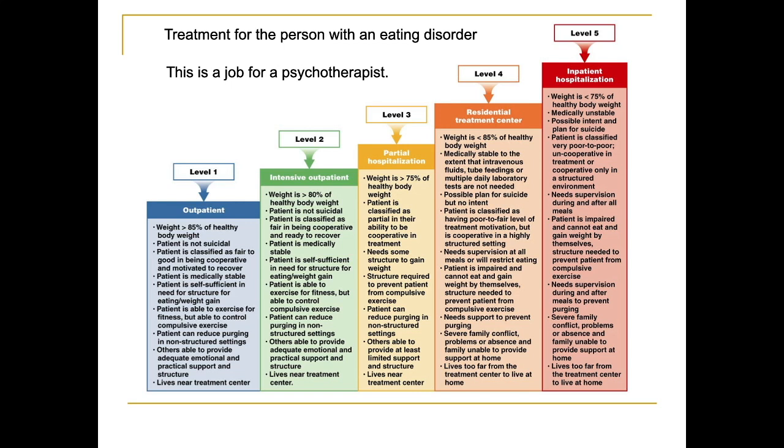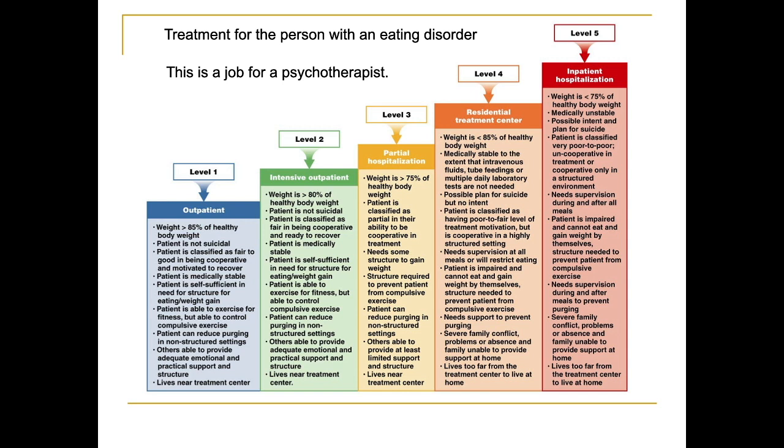You might even purge, and this causes you to be unable to gain weight on your own. You're still medically stable in the sense that you don't require intravenous fluids or tube feedings or multiple day laboratory tests, but you might live too far from the treatment center or have severe family conflict problems or absence of family, which means that you don't really have a support structure.